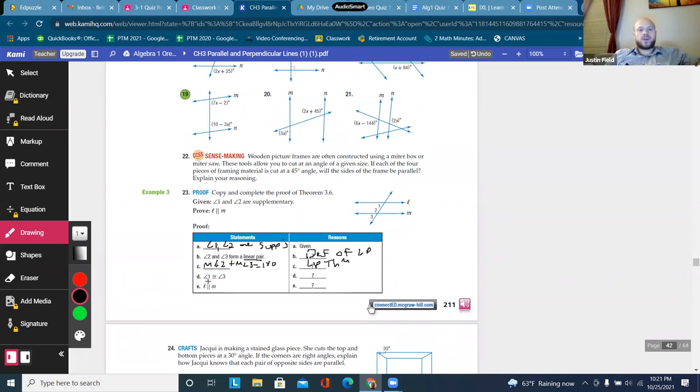And then angle 1 is congruent to angle 3. Oh, okay. So we got to go back. There should be something called the congruent supplement theorem.